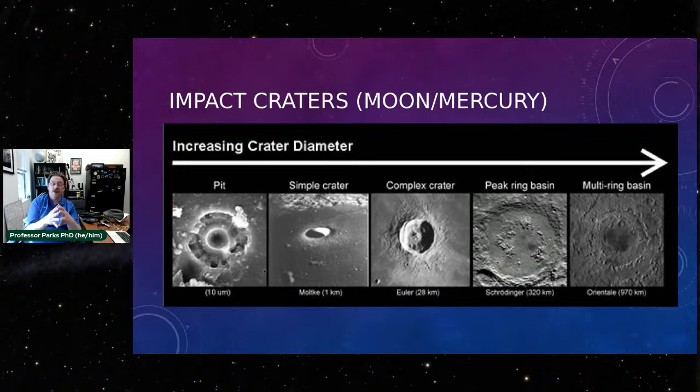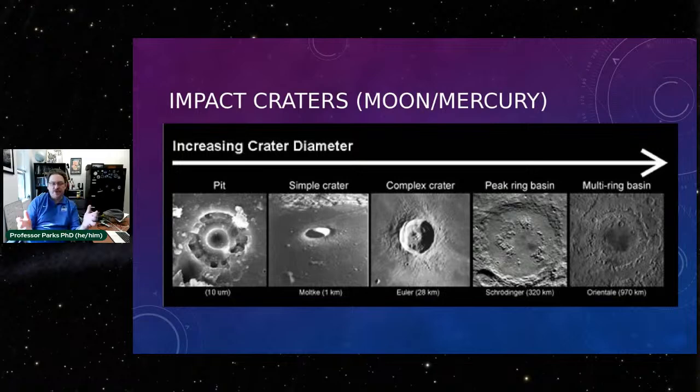I'm going to talk about an even larger example momentarily, but most of the craters that we see on the Earth, and can identify as craters, are what we basically refer to as simple craters. They're relatively small, only about 1 kilometer in size, and relatively bowl-shaped.